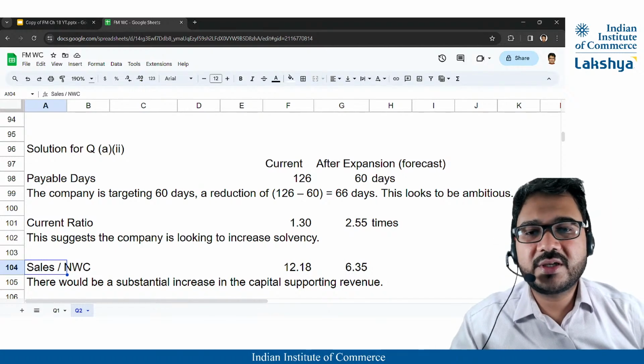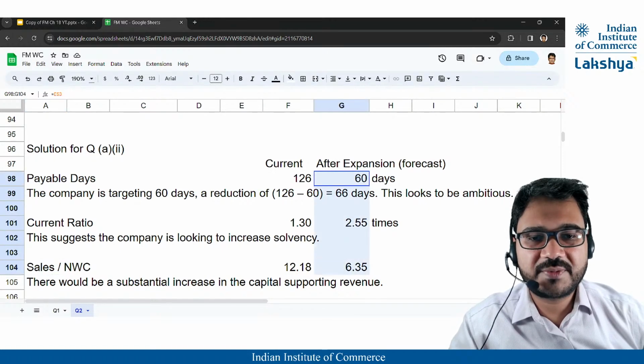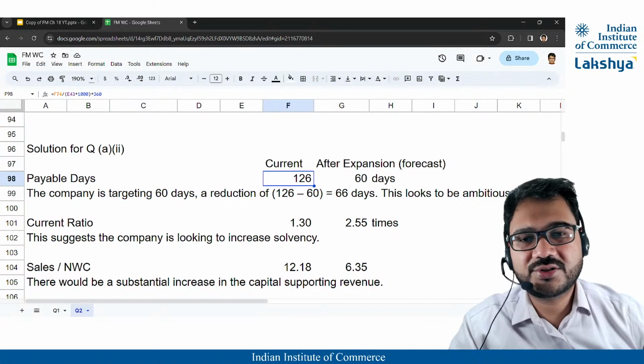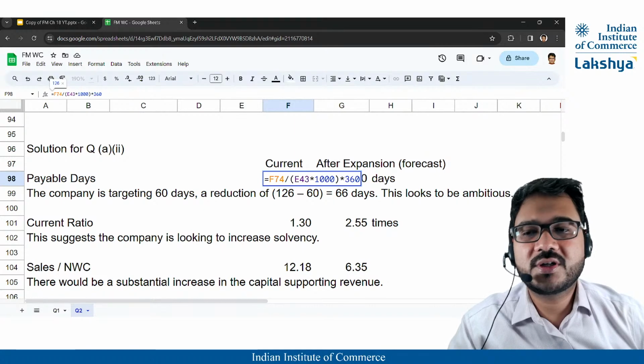Okay, so payable days, we already have for after expansion, but we don't have before expansion. So before expansion, we calculate, that is, we'll take our credit sales divided by your, how you are valuing payables, it's on cost of sales.